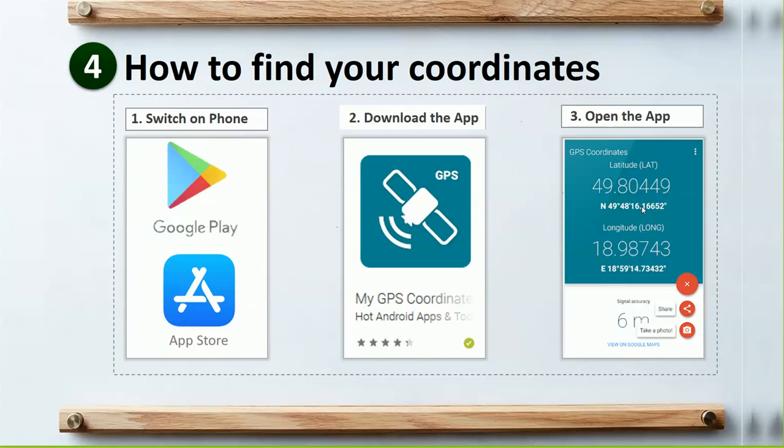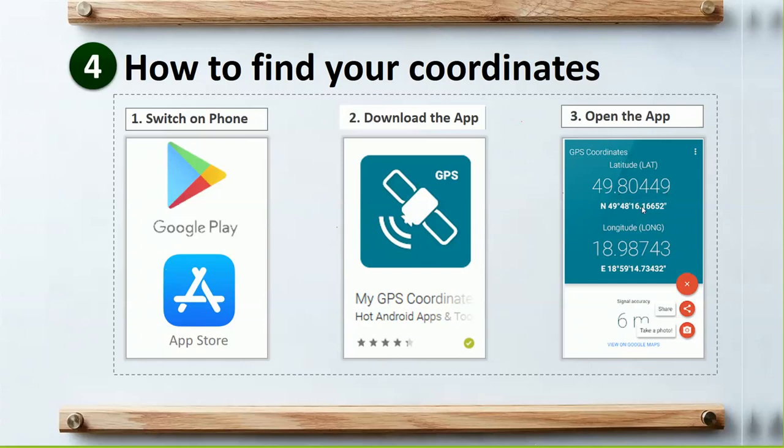I want you to take time to just write that down, because we are going to do some kind of work with it. We have latitude, we have longitude, we have signal accuracy, and we have some values below the lat and long.